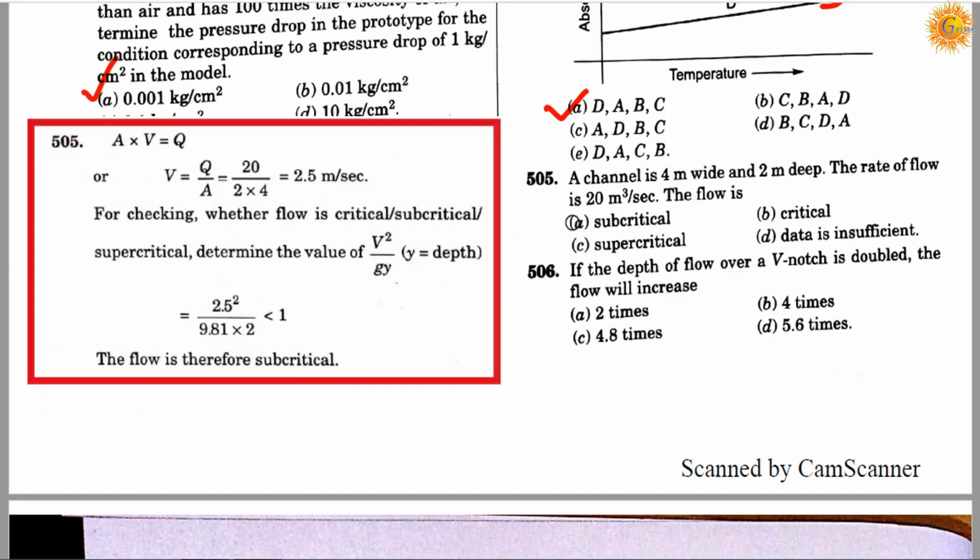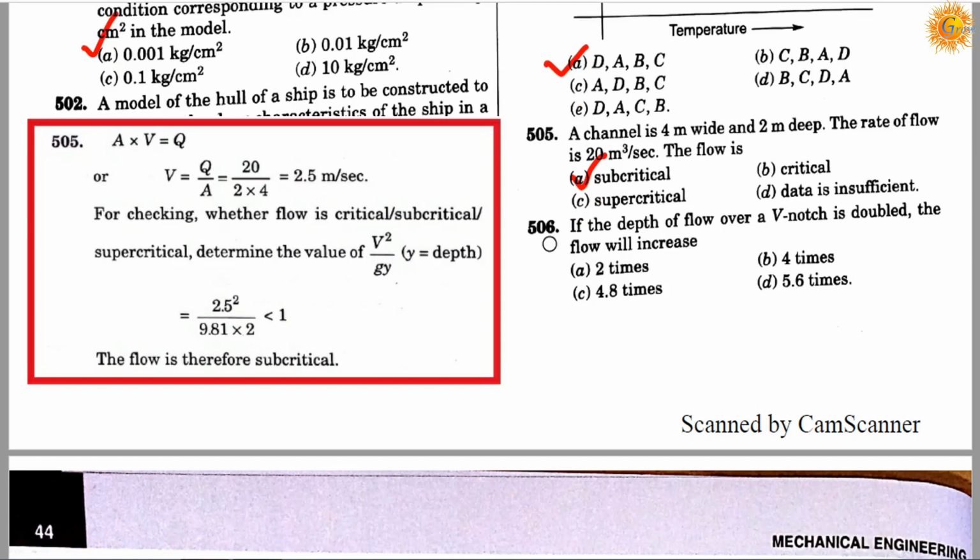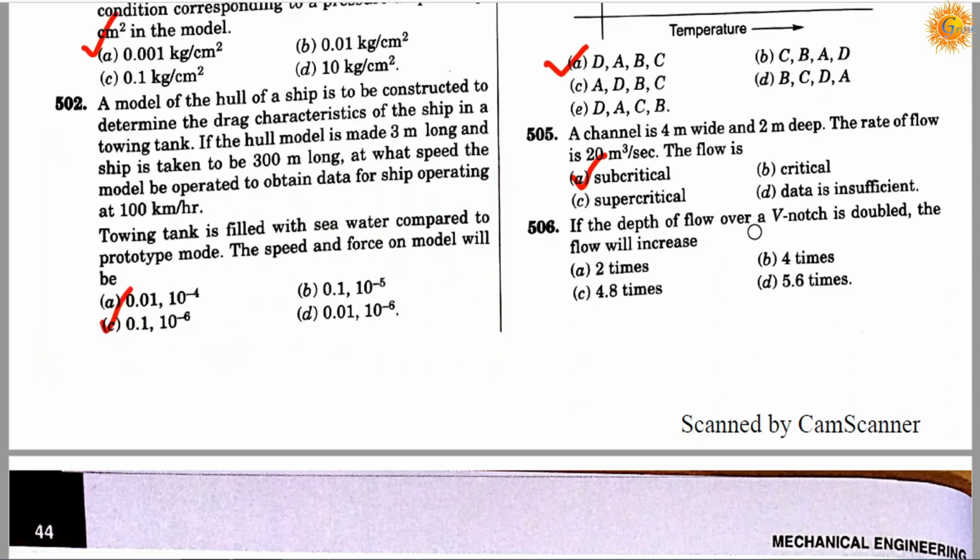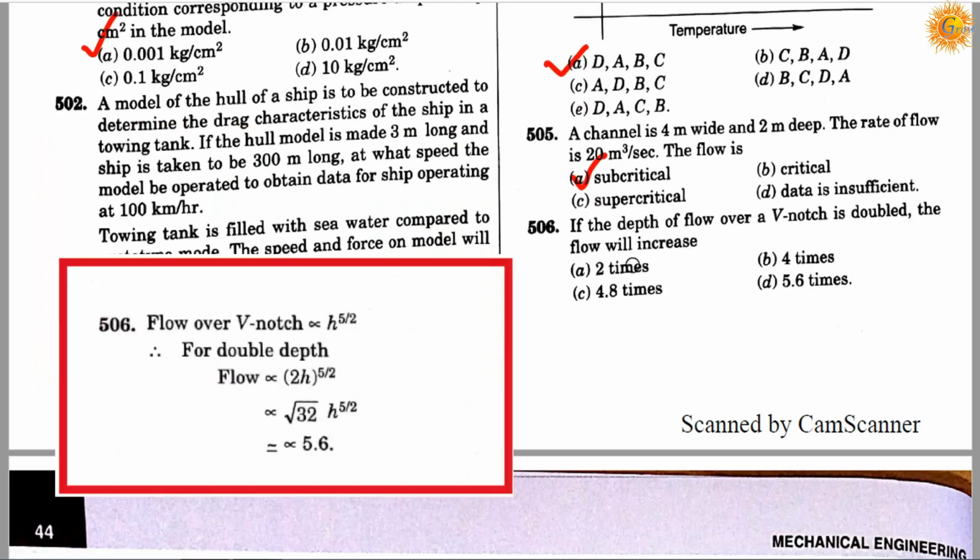So the correct answer is A. Question number 506. If the depth of flow over a V notch is doubled, the flow will increase, option A 2 times, option B 4 times, option C 4.8 times, option D 5.6 times. So the correct answer is D, 5.6 times.